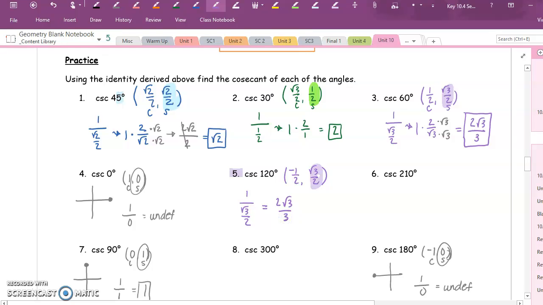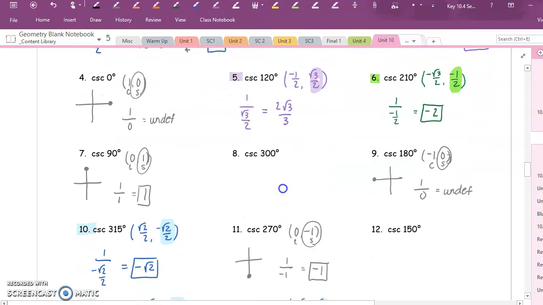Next one, 210. 210 is really close to the x-axis, so therefore it goes with 30. So put in our 30-degree reference finger. 210 is in the third quadrant. Again, 1 over sine, so we have 1 divided by negative 1/2. Keep the top, flip the bottom, reduce, we get negative 2.